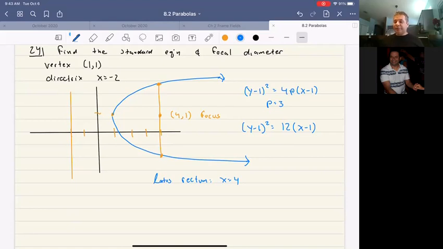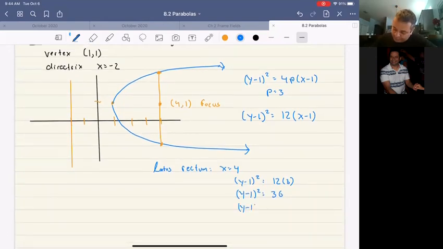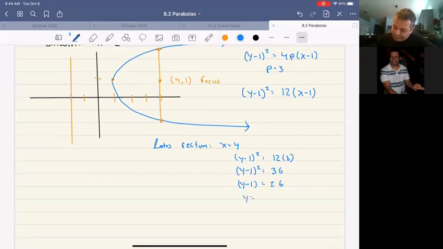So we're just going to solve this equation for x equals 4. Y minus 1 squared equals 12 times 3, so y minus 1 squared equals 36. Y minus 1 equals plus or minus 6, so y equals 1 plus or minus 6. So y equals 7, or y equals negative 5.